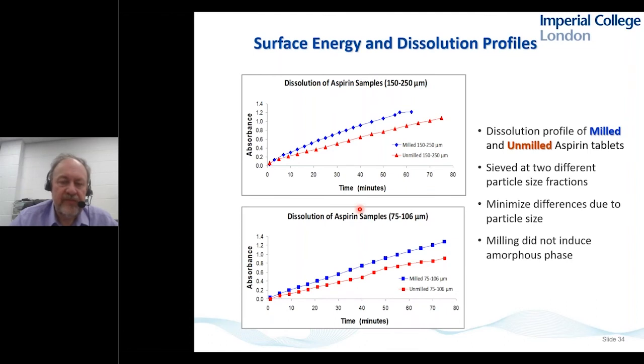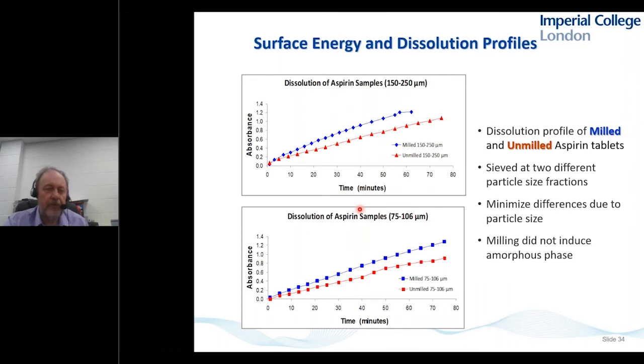They were received at different particle fractions. The milling did not change the actual morphicity, so the crystallinity is the same. What we can see here is the materials which have normally the same particle sizes. So we've got some particles that were milled to 150, 100.